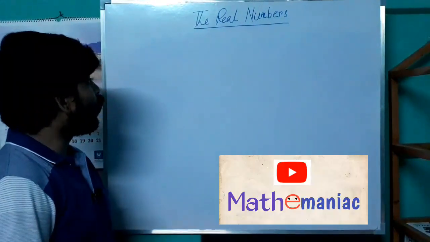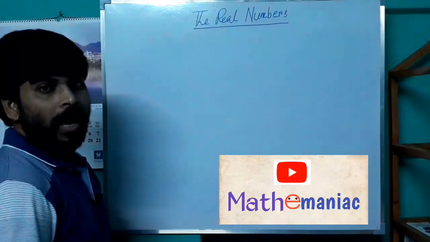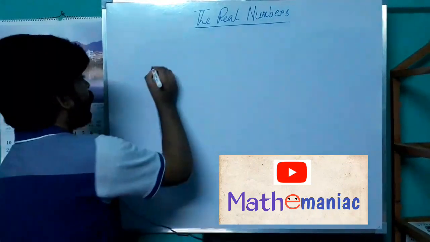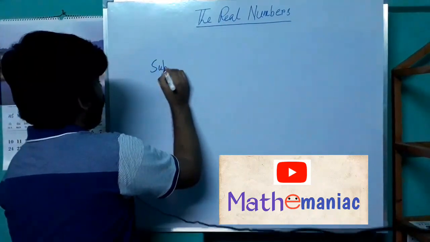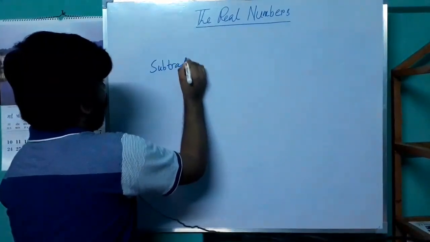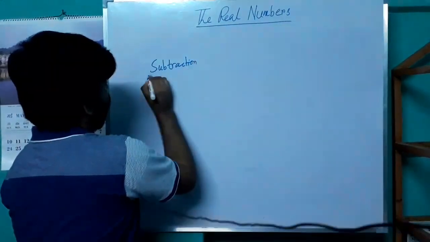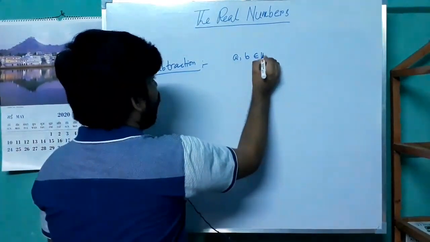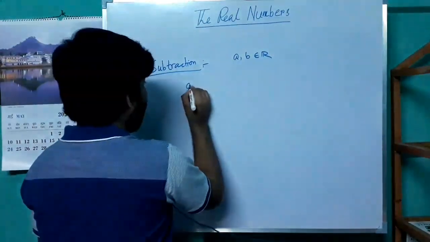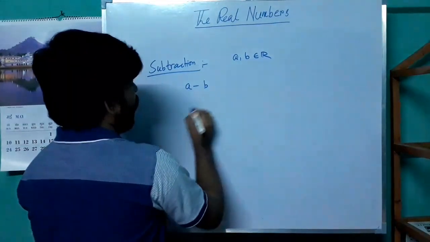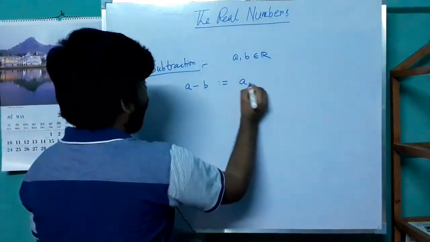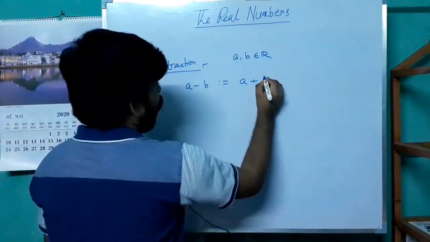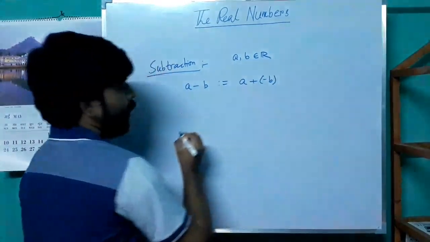And next we define two operations, subtraction and division. Subtraction: if we take two real numbers a and b, then we define a minus b as a added to the negative element of b.